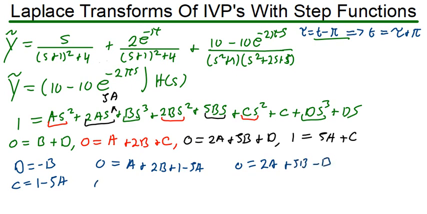So for this one, it will be minus 1 on the other side, equal to minus 4a plus 2b. So this will be 0 is equal to 2a plus 4b. So those are the equations that I'm getting.